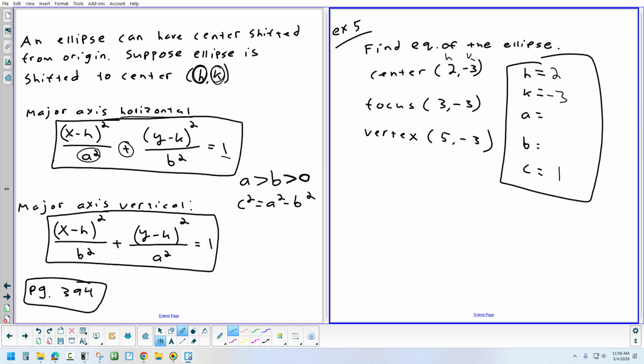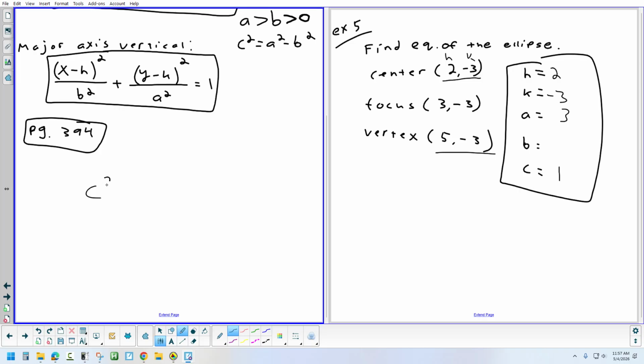And one more letter that we can figure out with really no calculation. Yep. A. B we need to calculate. But what's A going to be? 3. A is the distance from the center to the vertex. Those 2 points are 3 units apart. Okay, so the only letter we don't know is B, and we're going to find that using our formula.